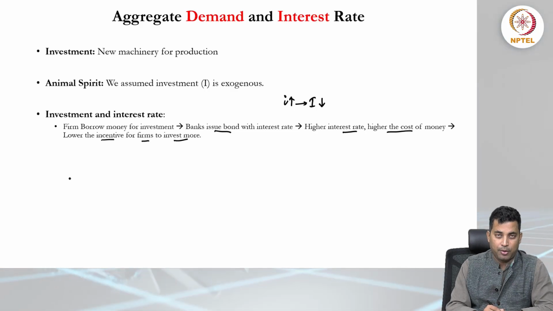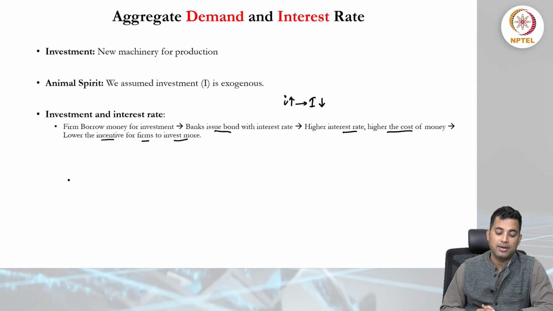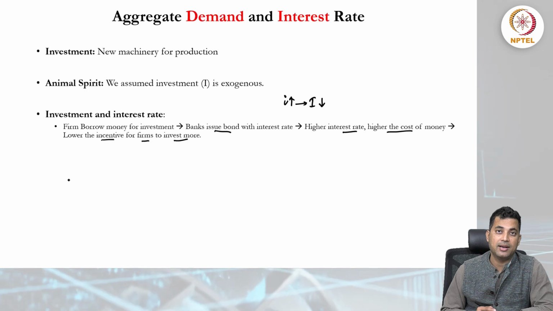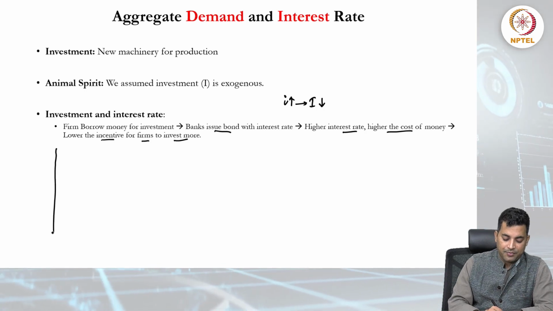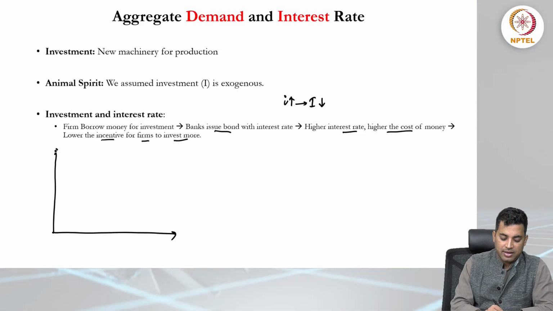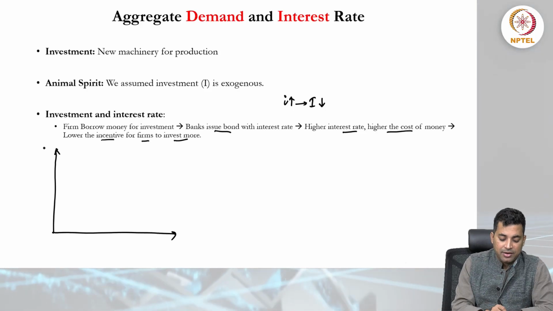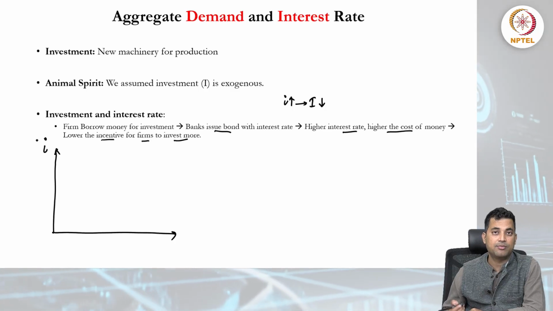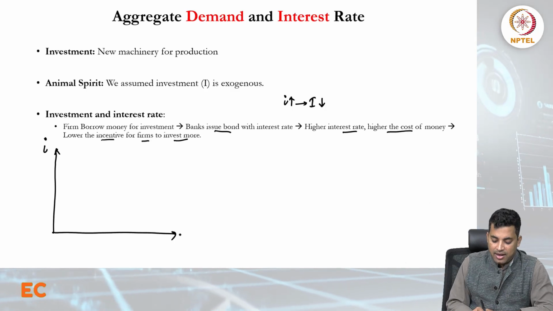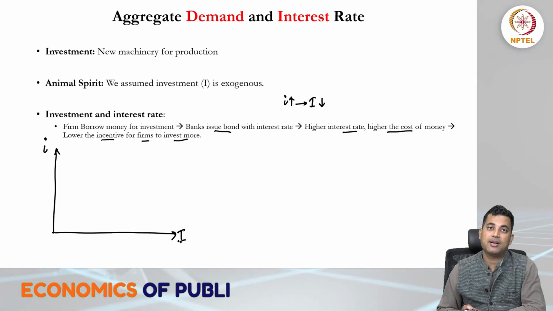So if we can plot, just like the way we plotted consumption and income, if we want to understand investment and rate of interest and their functional relationship, let's say small i is the rate of interest and capital I is the investment.